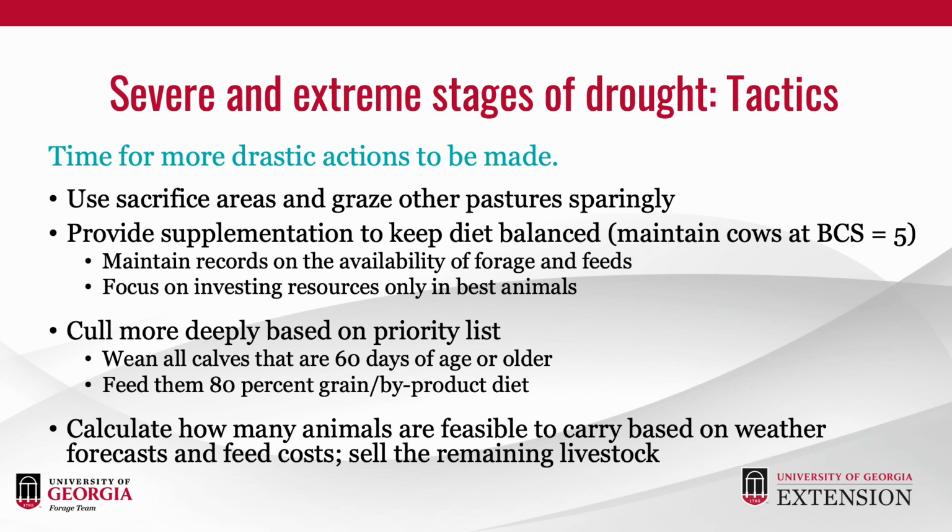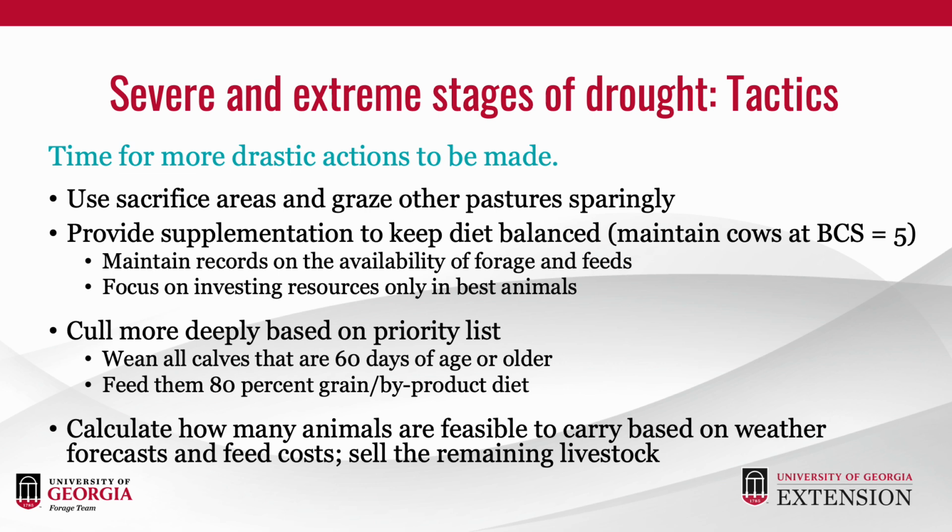We want to focus our resources only on the best animals. Again, think of your hay, forage, and feeds as investments into your cattle operation. We want to cull more deeply based on that priority list that we made early on, which means we need to wean all calves that are at least 60 days of age or older and feed them an 80% grain and byproduct diet.